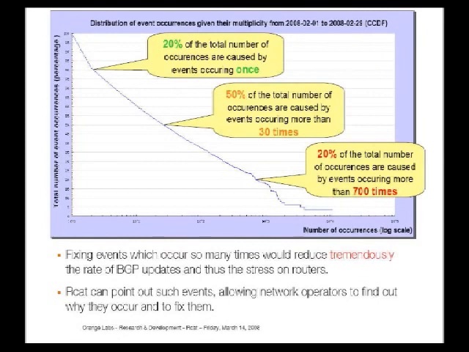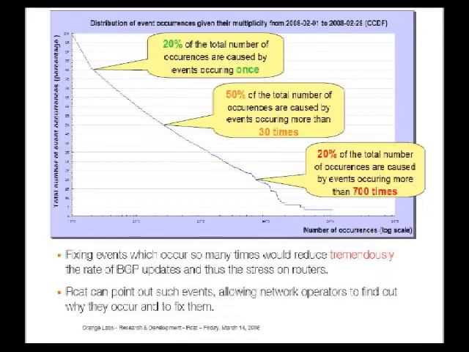So thanks to Rcat, such events are now pointed out. And so network operators can now investigate to find out why they occur. Is it because of some intra-domain oscillation? I just don't know. Maybe some tricky IGP configuration.